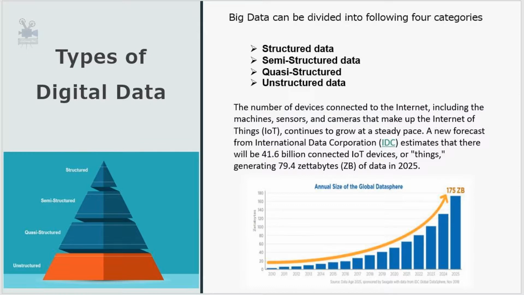And the majority, which is more than 90% of the data that is generated in the digital universe today, is non-structured data, which includes semi, quasi, and unstructured.